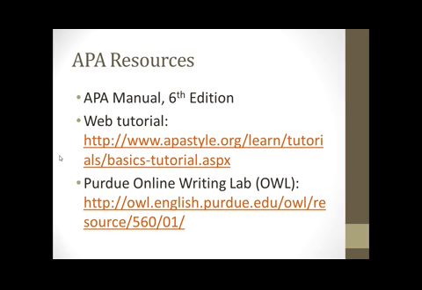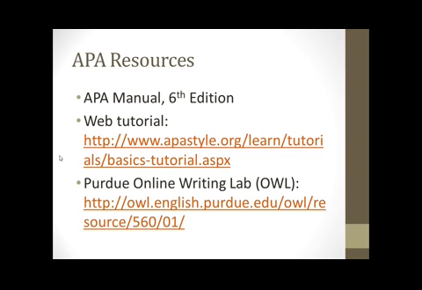Some of the things I also wanted to talk about in terms of avoiding those common pitfalls: I cited all the different areas in the APA manual, 6th edition, but also there are some really good tutorials on the web. If maybe you don't have time to go through each individual section of the APA manual and read through it, or if you're waiting to get the manual, you could always go online and refer to things as well.